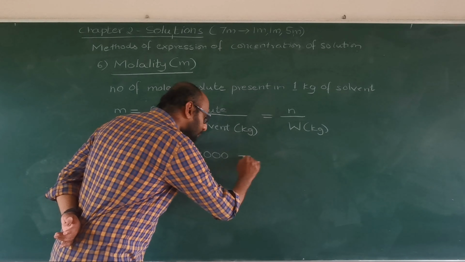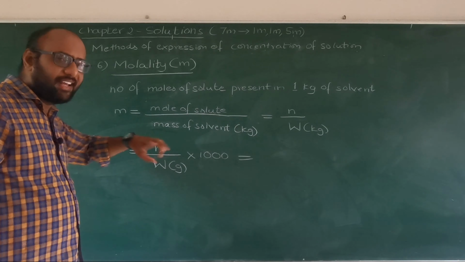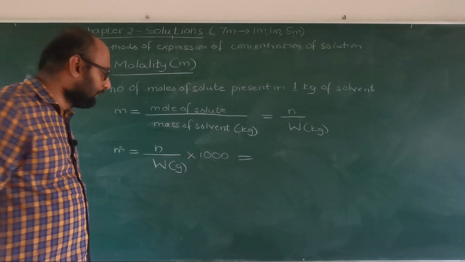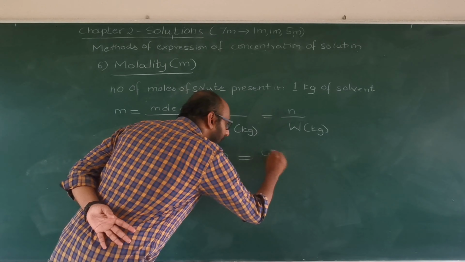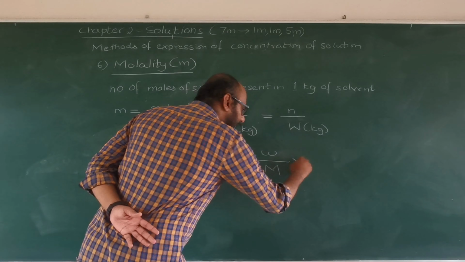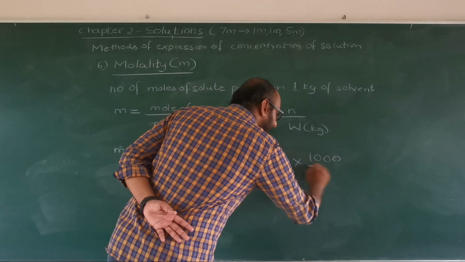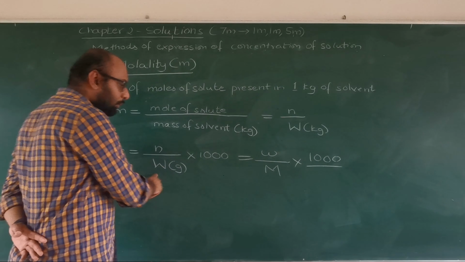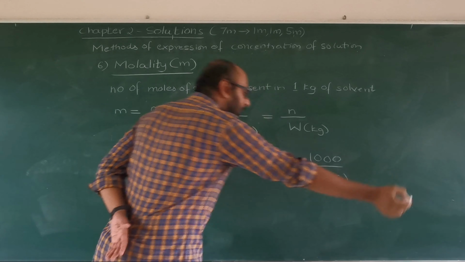Now, this is number of moles of solute, just like previously in molarity. N is equal to mass of solute divided by molar mass of solute. This is N, number of moles, multiplied by 1000, divided by W, the mass of solvent, which is given in grams.